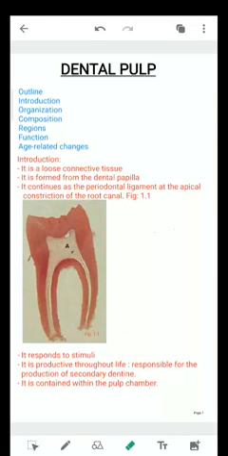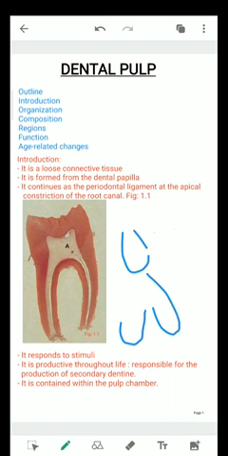I don't know if you can remember during tooth development, we have the bud stage, and then the cap stage.